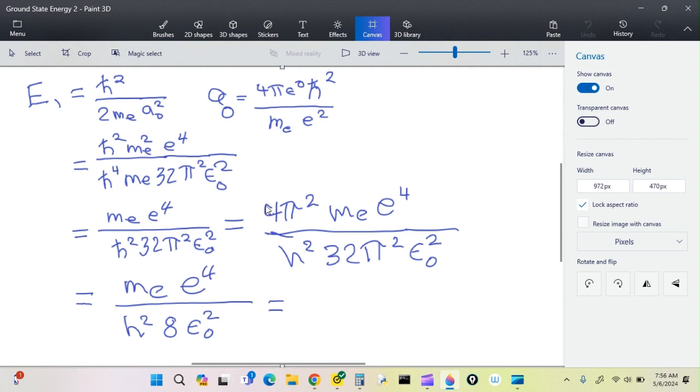And I've got 4 pi squared. So these things cancel out to give me just 8 in the denominator, h squared epsilon 0 squared. Look at that up on the screen here for a little while so you can see what happened to all that.